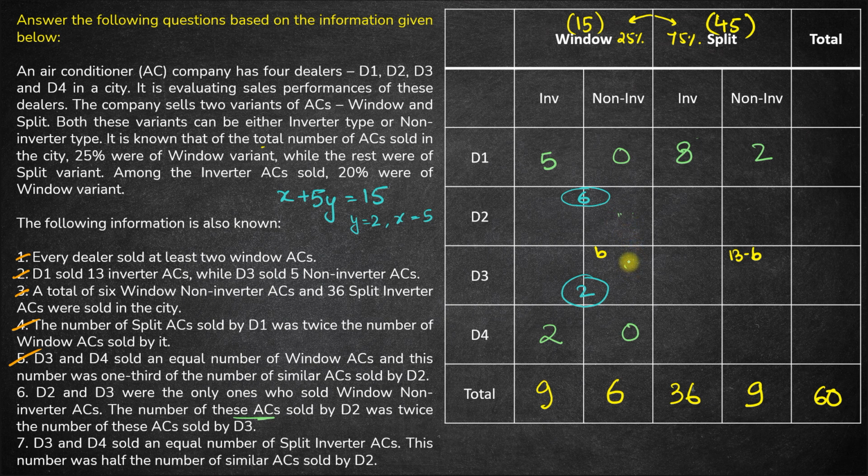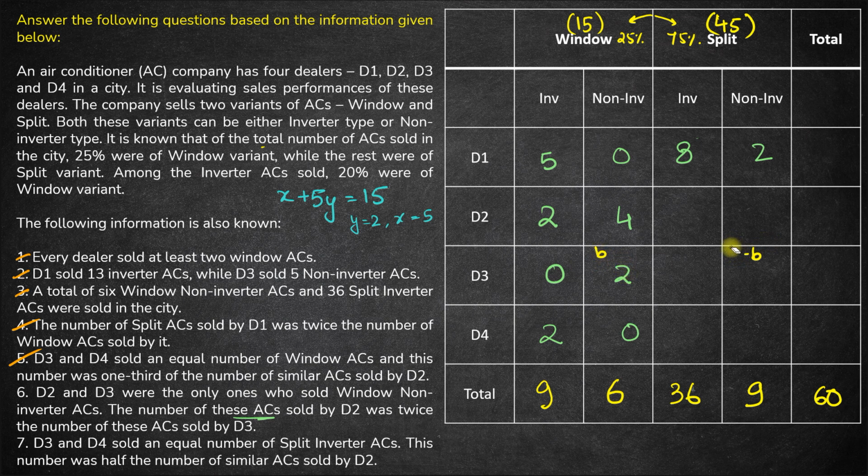So if let's say this is S, this will be 2S. And the sum of all these 4 values must be 6. So 2S plus S, 3S is 6. So S comes out to be 2. So this must be 2 and this must be 4. And if these two together is 6, this must be 2. And if these two together is 2, this must be 0. So from here B comes out to be 2.